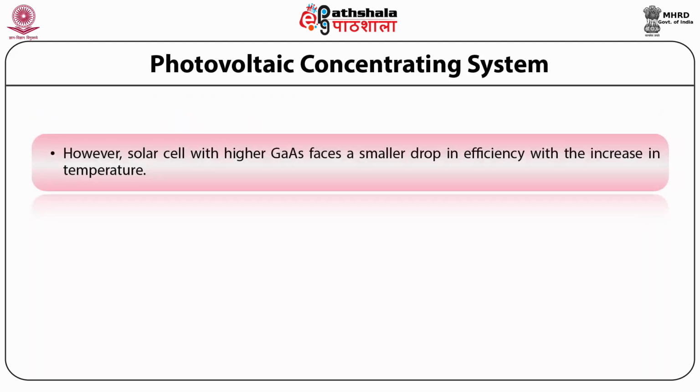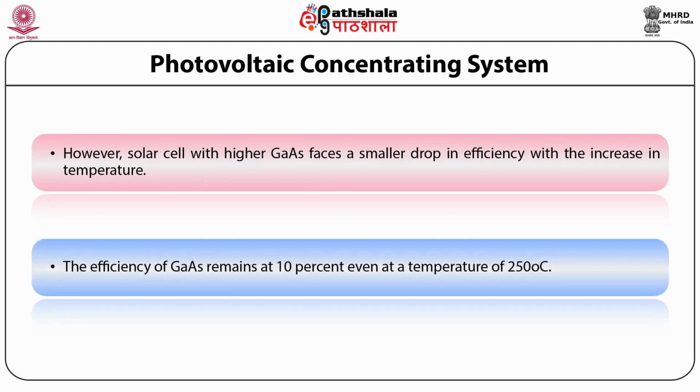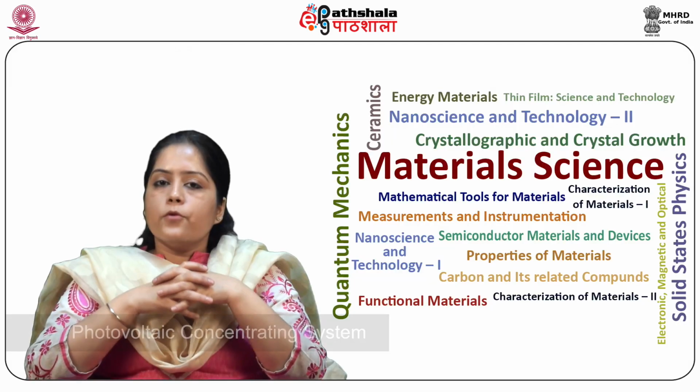However, solar cell with higher band gap like gallium arsenide faces a smaller drop in efficiency with the increase in temperature. So the efficiency of gallium arsenide remains at 10% even at a temperature of 250 degrees Celsius.